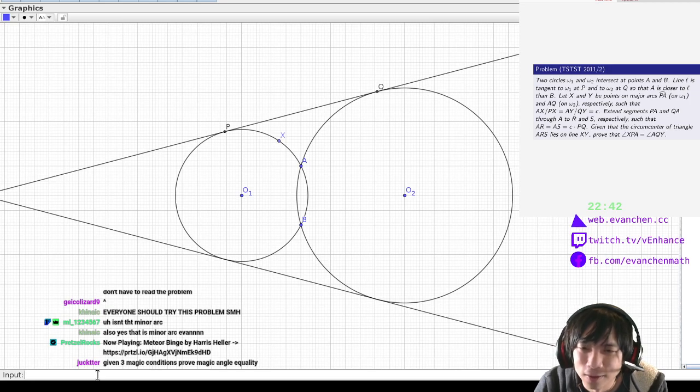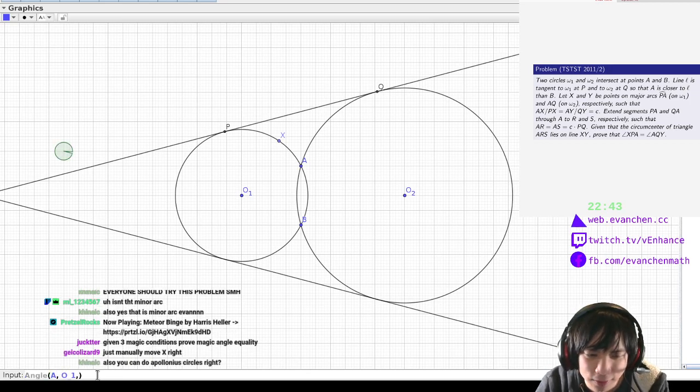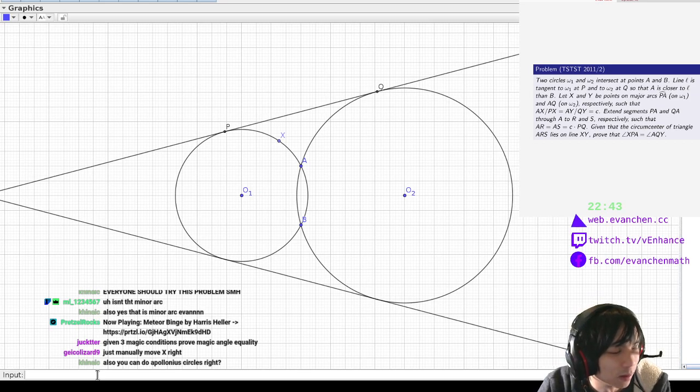Okay. Yeah, it's like by the rotation by the same. No. Are arcs AP and AQ equal? Let me first see if I'm silly. Yeah, they're not equal, so this is gonna be a pain in the butt. Oh, it's major.